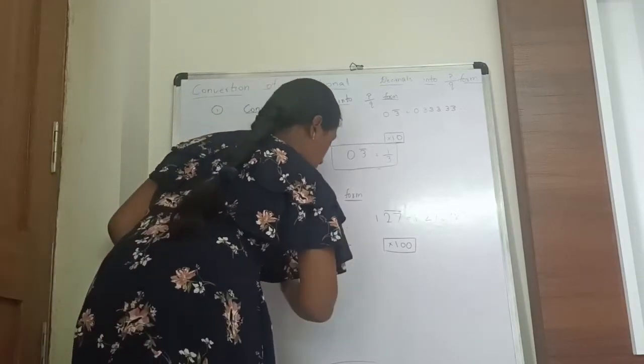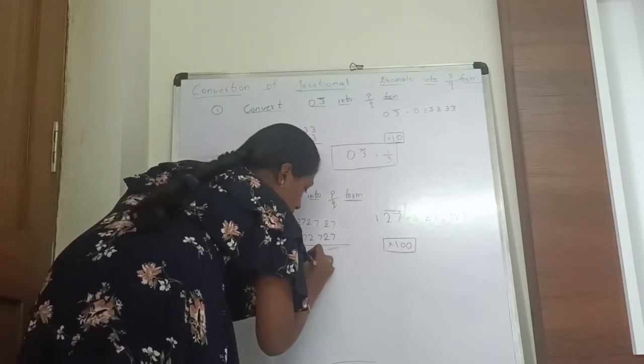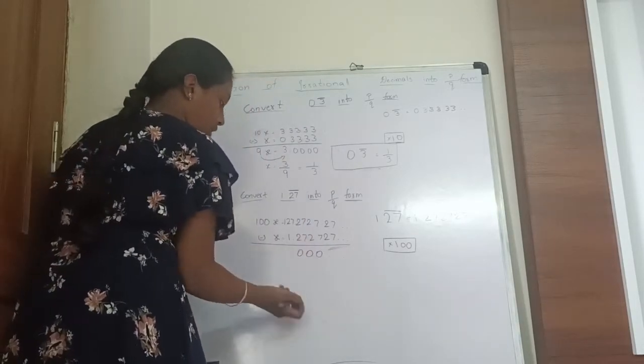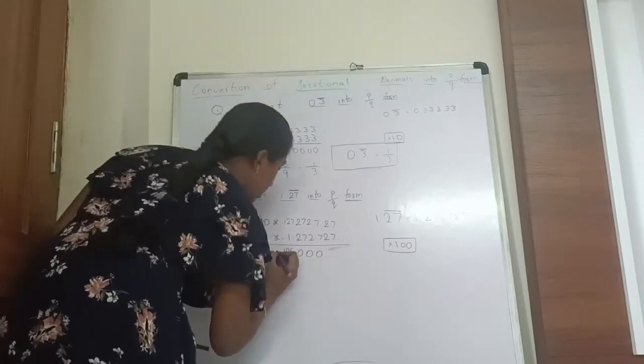Now this is all going to be 0, and 127 minus 1 is 126. And 100x minus x equals 99x.